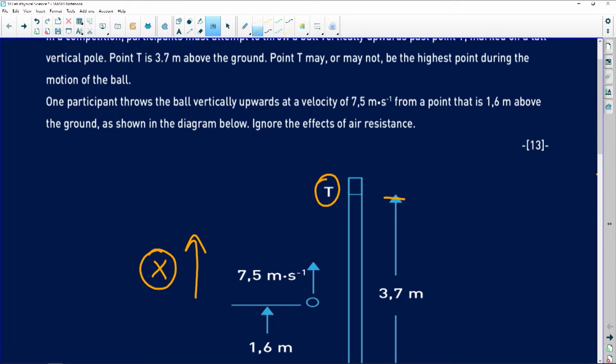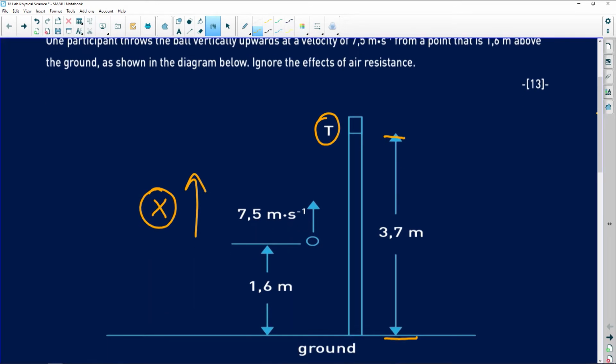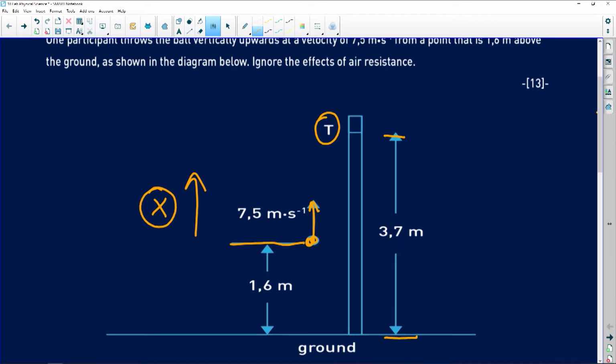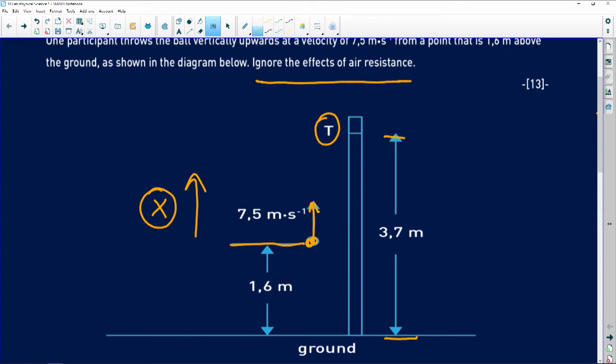And it is thrown from a point of 1.6 meters. So this is where the ball is thrown, and it's thrown in an upward direction at 7.5 meters per second. And they say, ignore the effects of air resistance. Now that is really, really important. So we can ignore air resistance.